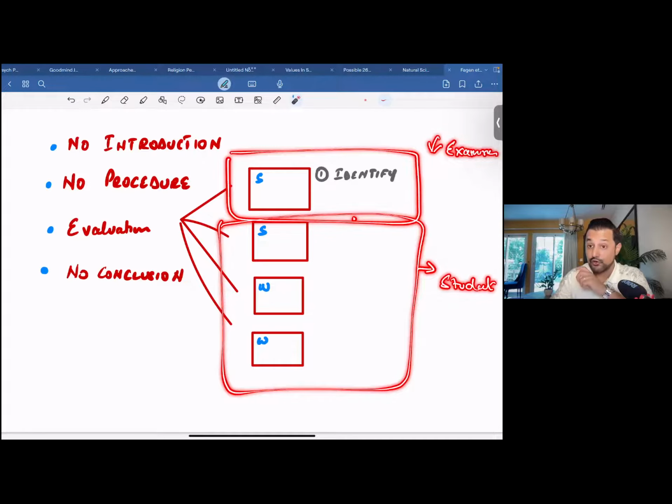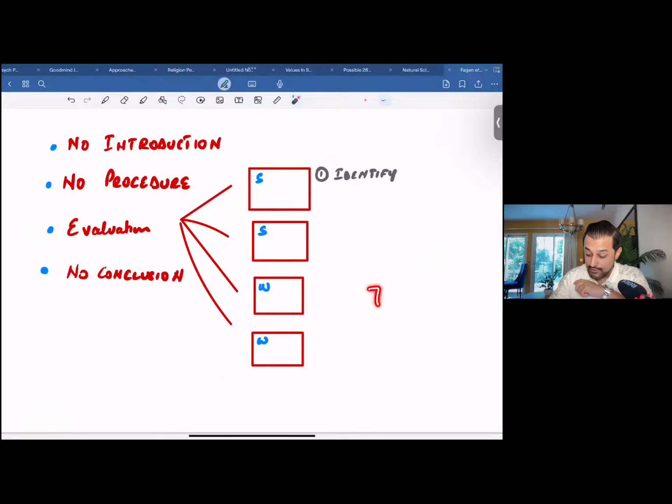So the ball is in your court. 75% of the answer comes from what you want to write. 25% of the answer comes from what the examiner wants you to write. So number 1, you identify the point. Number 2, you link it to the study. Number 3, how does that particular identified point affect the overall credibility of the study, or what impact does that identified point have on your study?